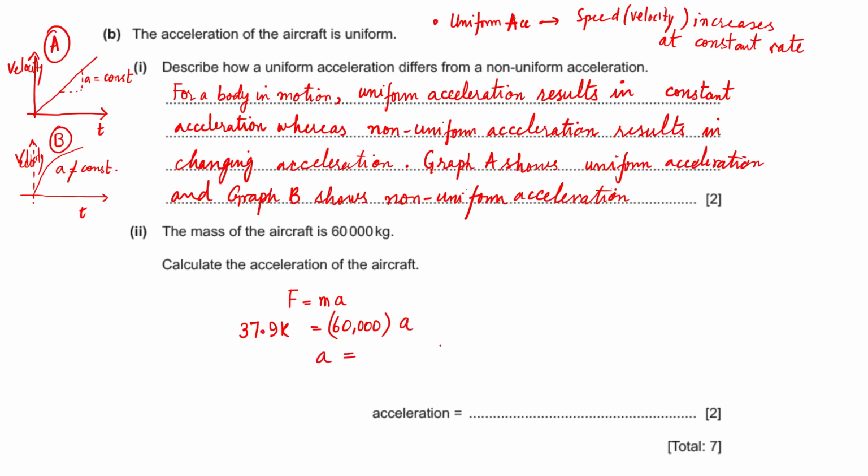So acceleration will be 37.9 kilonewtons divided by 60,000. It is approximately 0.632 meters per second squared. So your answer will be 0.632 meters per second squared.